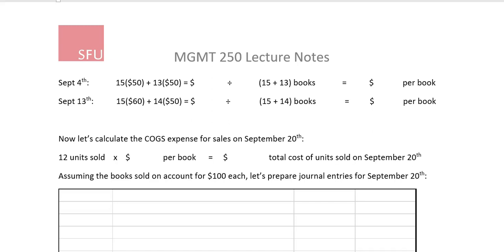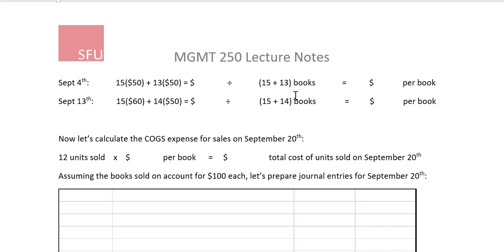So at the numerator, we're going to have the total cost, which is illustrated here by adding up 15 textbooks, which we had at the beginning of the month, at a cost of $50 each, plus 13 textbooks which you purchased in our first transaction of the month, also at $50 each.